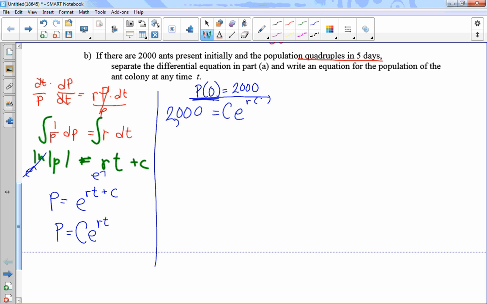What's the time? 0. So it's actually not a big deal that we don't know the rate, because e to the 0 is 1. So we find out that C is going to be 2,000. So our population over time is 2,000 e to the RT.